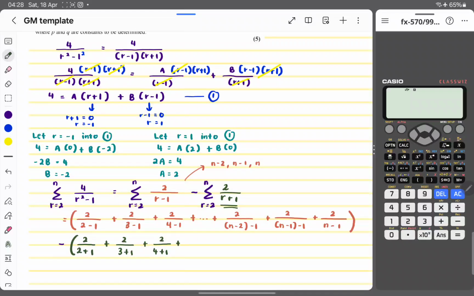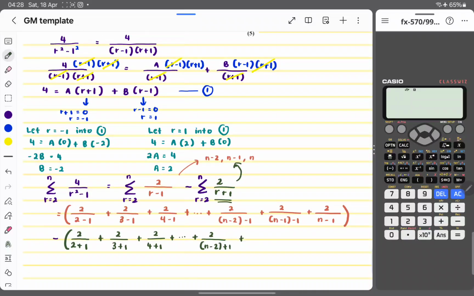Just 3 would be enough, and then you put dot dot dot, and let's do the last 3, which is the same thing. So 2 over n minus 2 plus 1 plus 2 over n minus 1 plus 1 plus 2 over n plus 1.